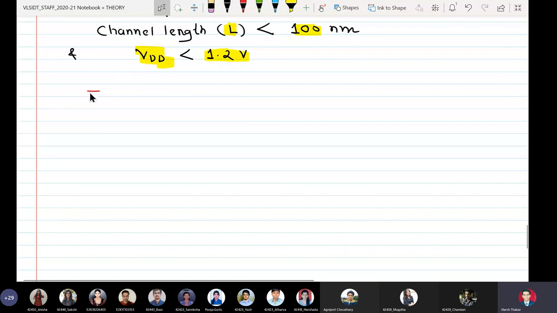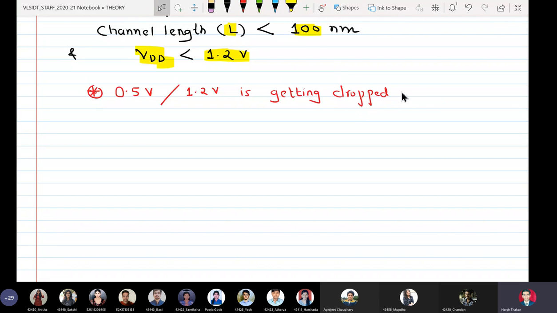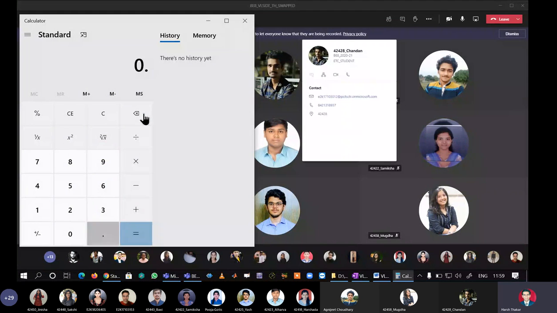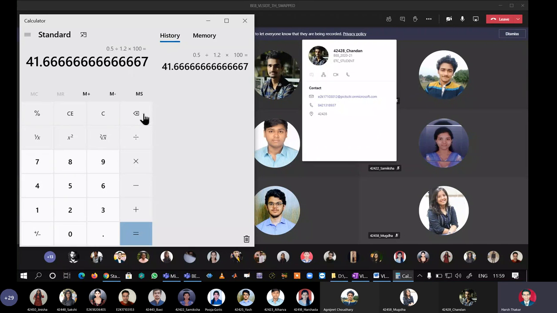So 0.5 volts out of 1.2 volts is getting dropped across it, so 42%.